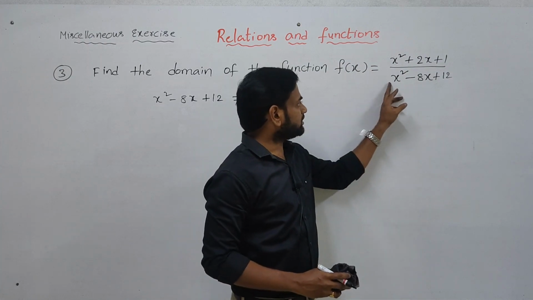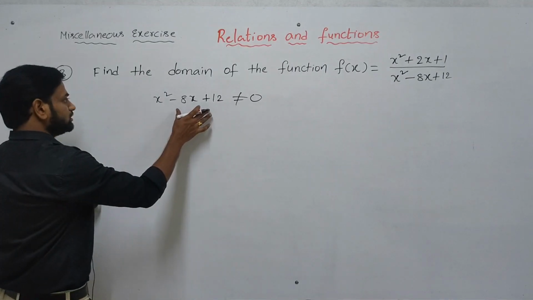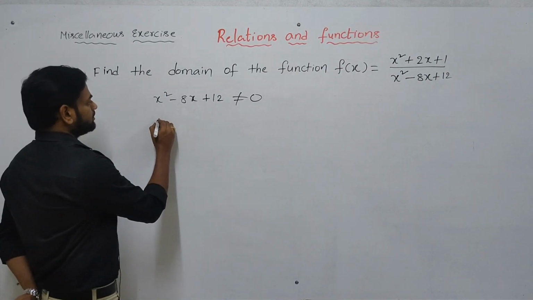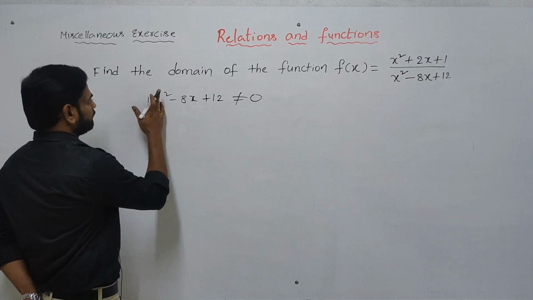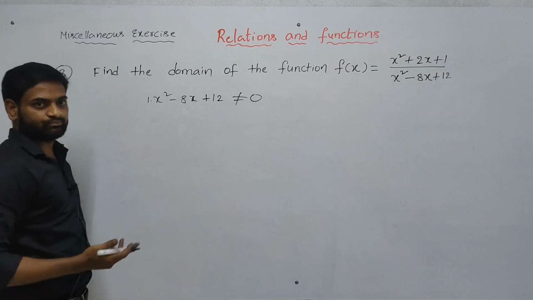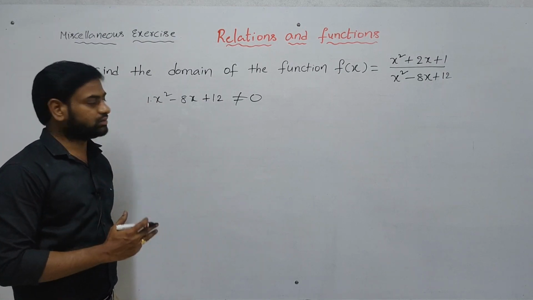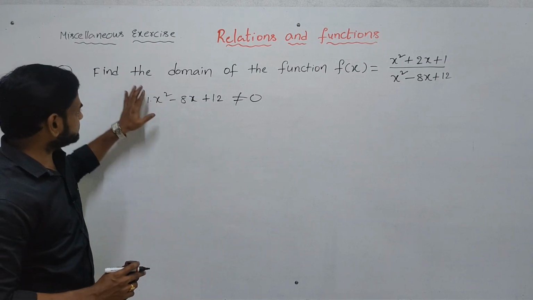So that's why the denominator is compulsorily not equal to 0. Now find the factors for this. Here it is 1 into 12, that is 12. That means if you multiply any two numbers, you have to get 12. If you add, you have to get 8.